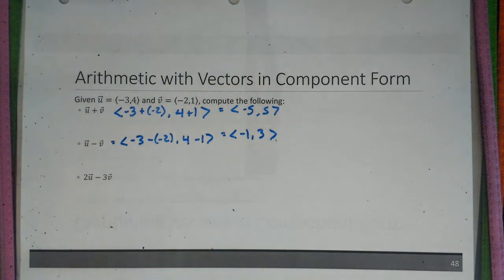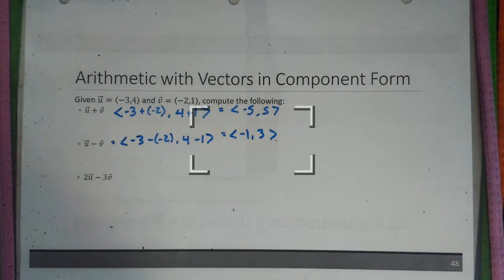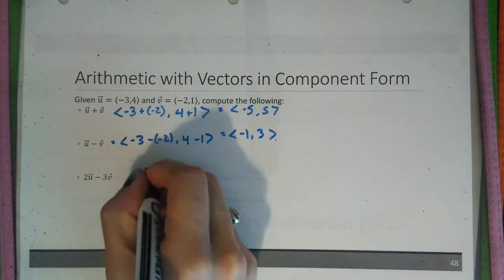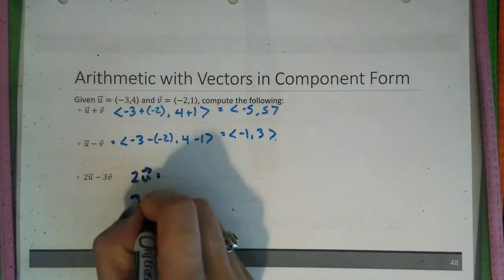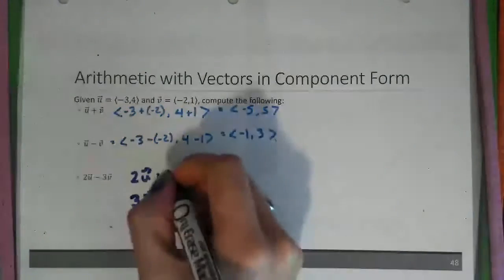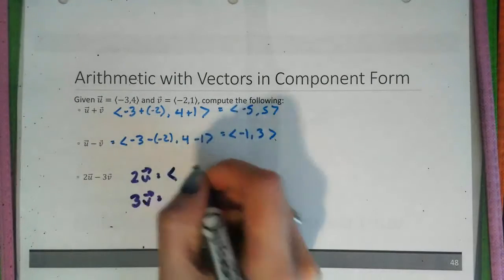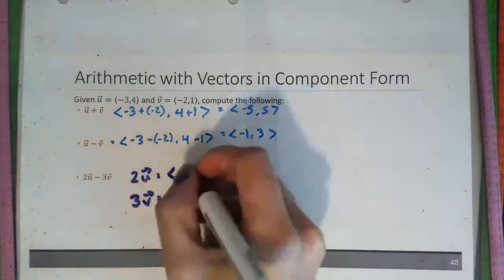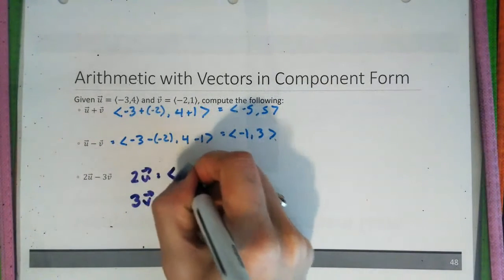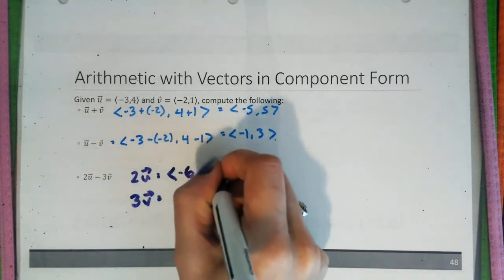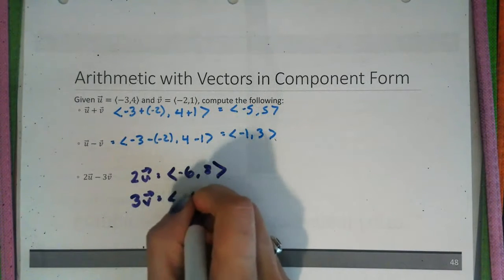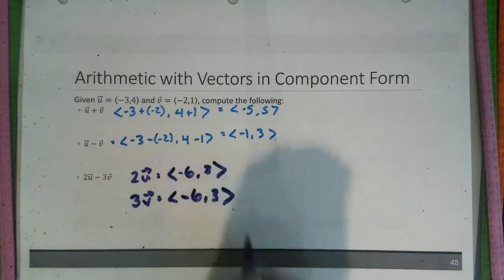Finally, we have 2u minus 3v. I'm going to take this kind of step by step so I don't miss anything. I'm going to start by finding 2u and 3v, and then I'll subtract them. So 2u, I take 2 and multiply it by each of the components. So 2 times -3 is -6, 2 times 4 is 8. And then for v, I'm multiplying them by 3, so I get -6, comma 3.